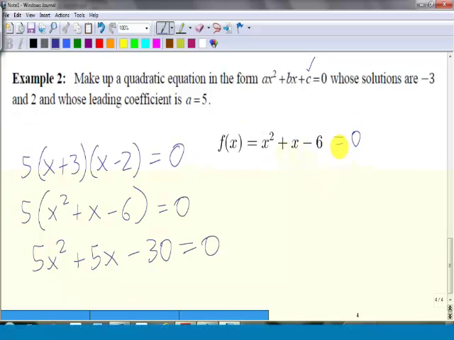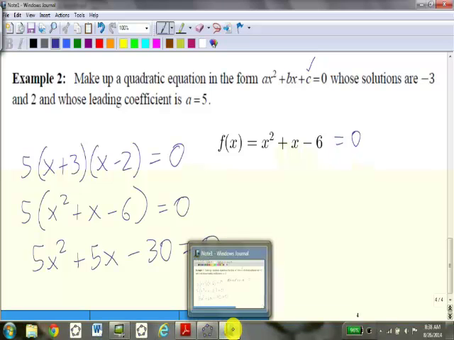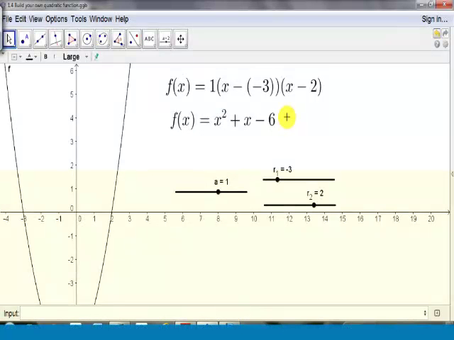Now, pick lots of different values of x, and we get lots of different values for this function, but we want the ones that make it equal to 0. And if x equals negative 3, it gives the thing a value of 0 because the y-coordinate of that point is 0. And if x equals 2, it gives this a value of 0 because the y-coordinate is 0, and it displays it on the graph.